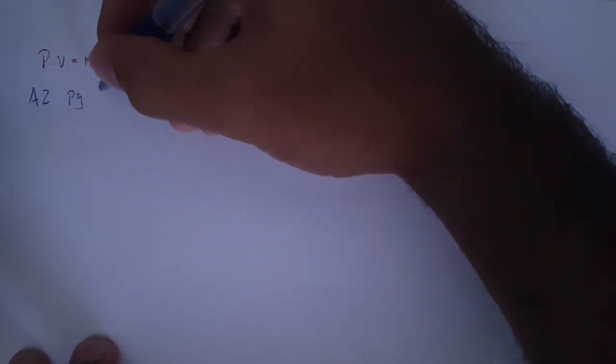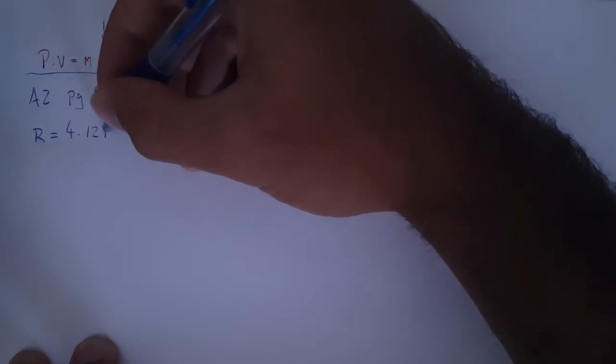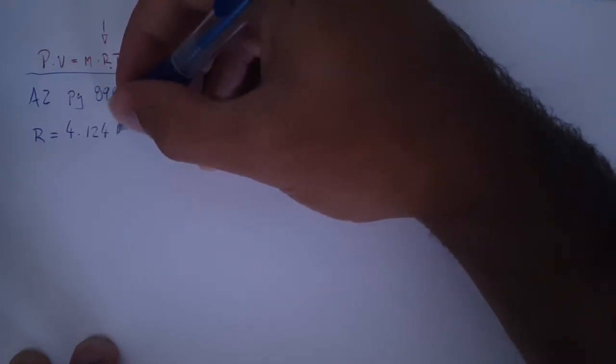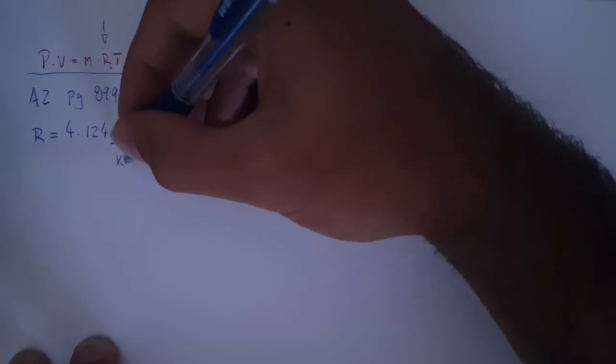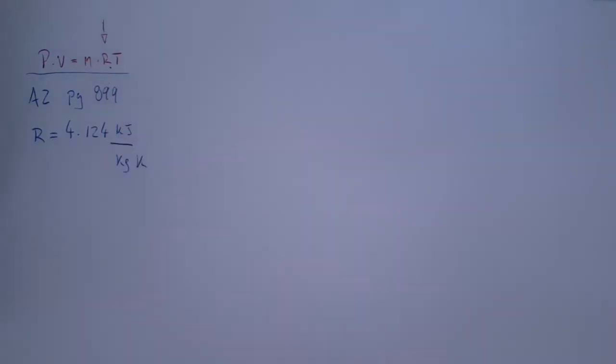Okay, so if you go to the same table, same A2 table, the same page, the property table, you're going to see that the specific R for hydrogen is 4.124 kilojoules per kilogram Kelvin. Yeah?